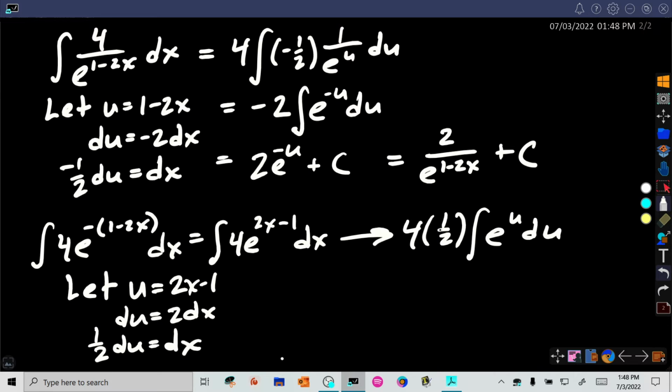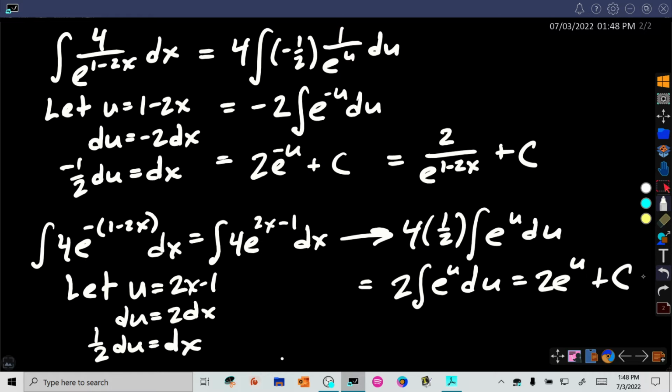And you don't have to mess with the minus signs anymore. They all go away. So here you're going to get 2 times the integral of e to the u du. And again, the integral of just e to the u is itself. So this is 2 e to the u plus c, which in this case is 2 e to the 2x minus 1 plus c.